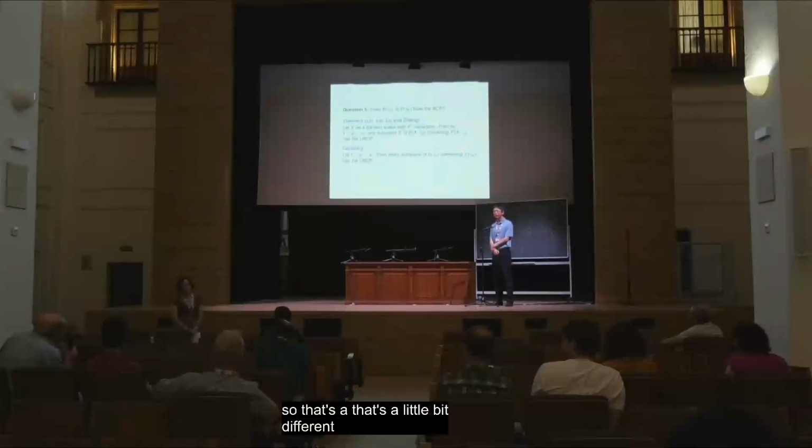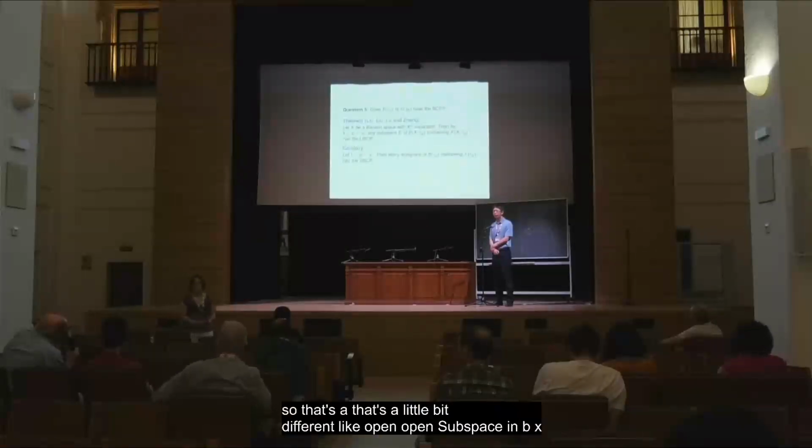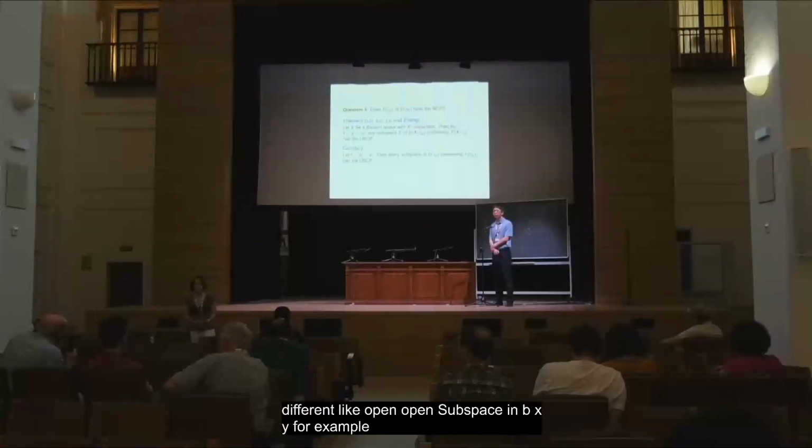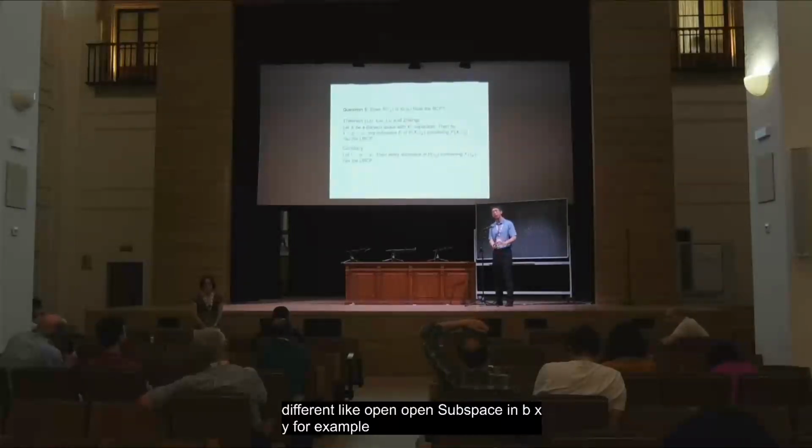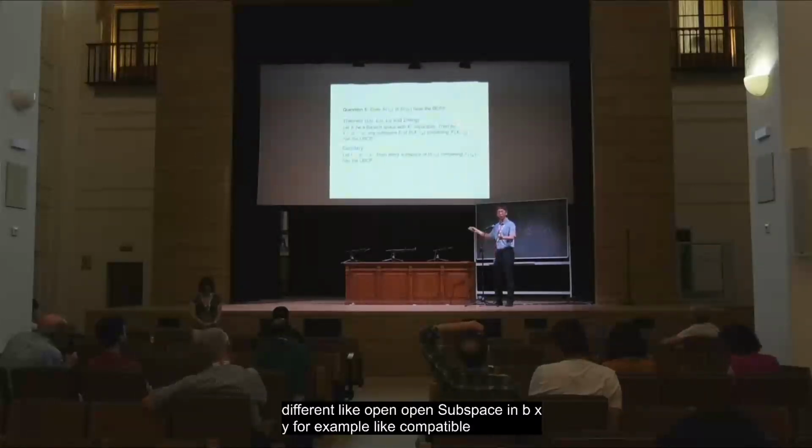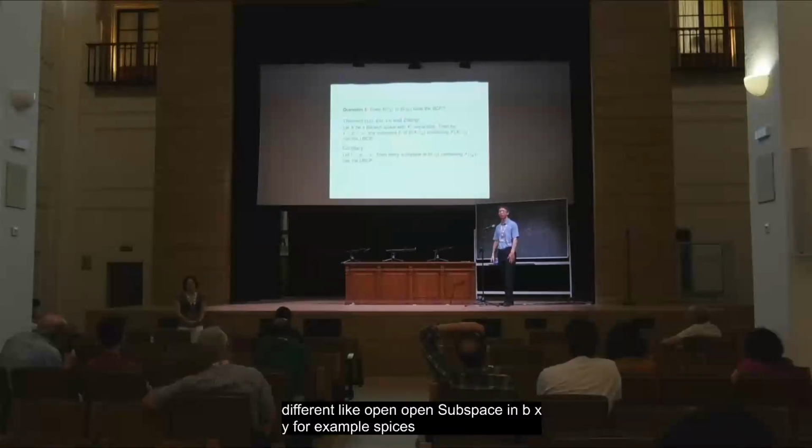Considering something like an open subset in B of X, Y, for example invertible operators, you can't make it a linear space. So that's in a different setting. You can consider maybe different subsets, that's possible, but you have to impose the right condition, because here we're talking about spaces. Okay, thank you.